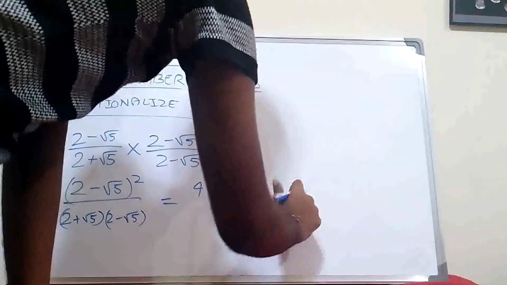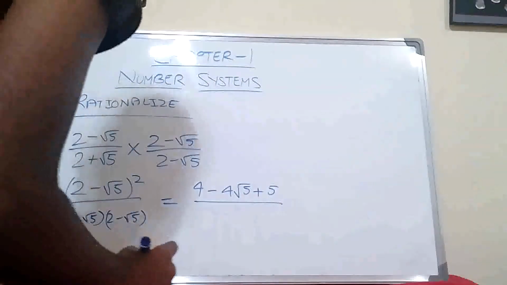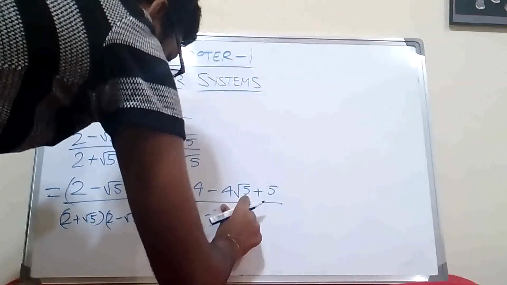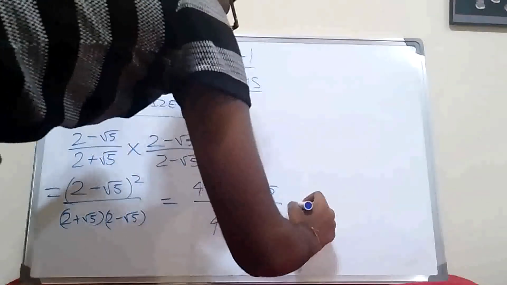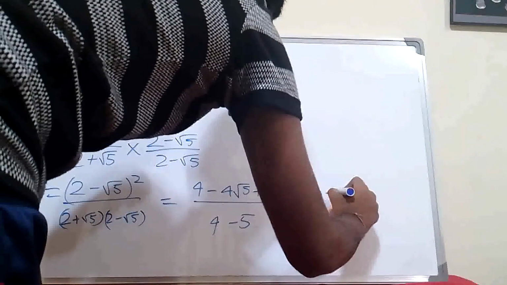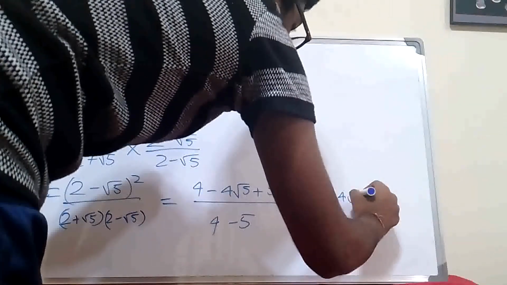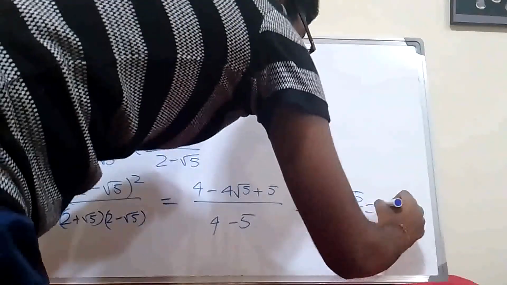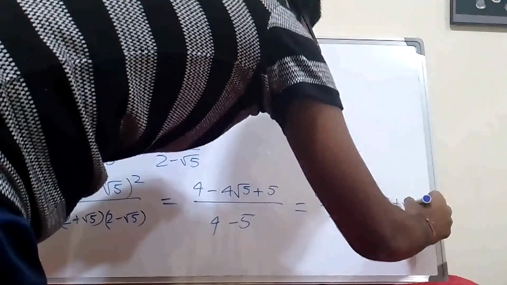Divided by, using the identity, we will get 2 square minus 5, and 2 square here means 4. So here we get 9 minus 4 root 5 by negative 1.